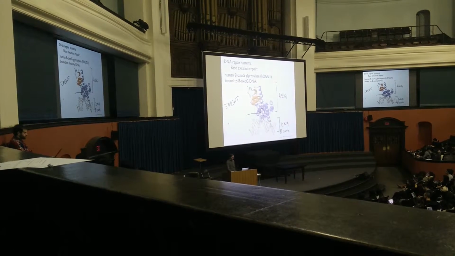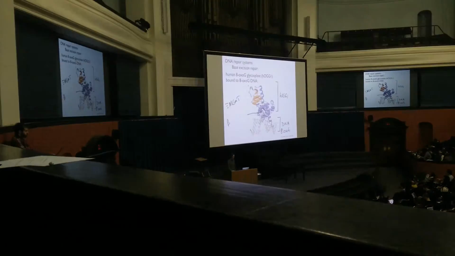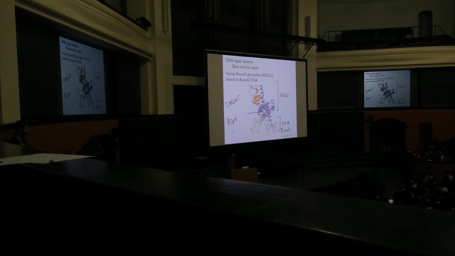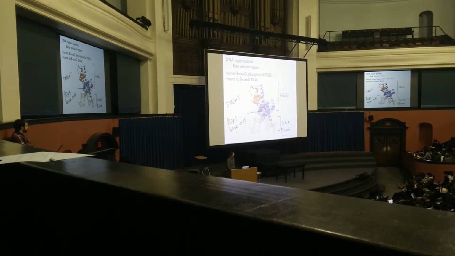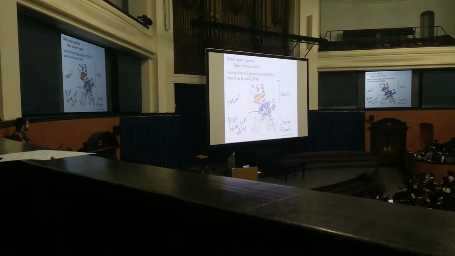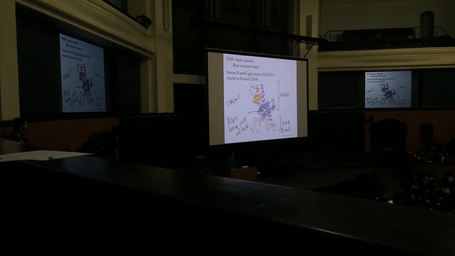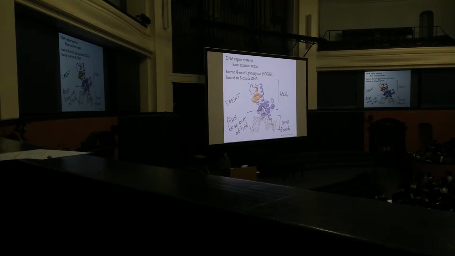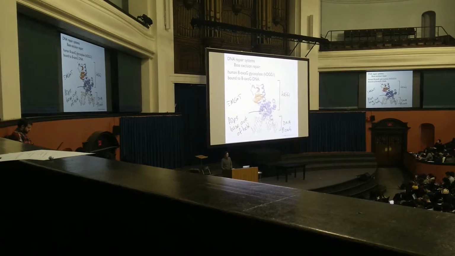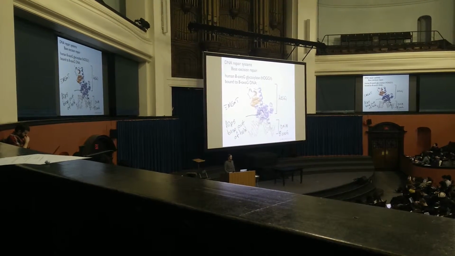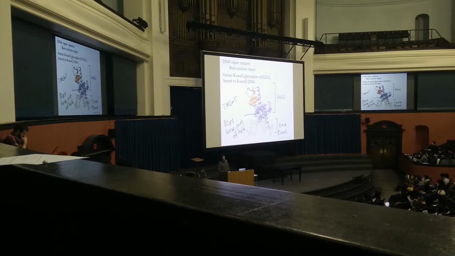So like MGMT, hOGG1 does this flipping of the base. It flips the damaged base out of the helix and places it in the active site of the enzyme. And it does it in a remarkably similar way to MGMT.